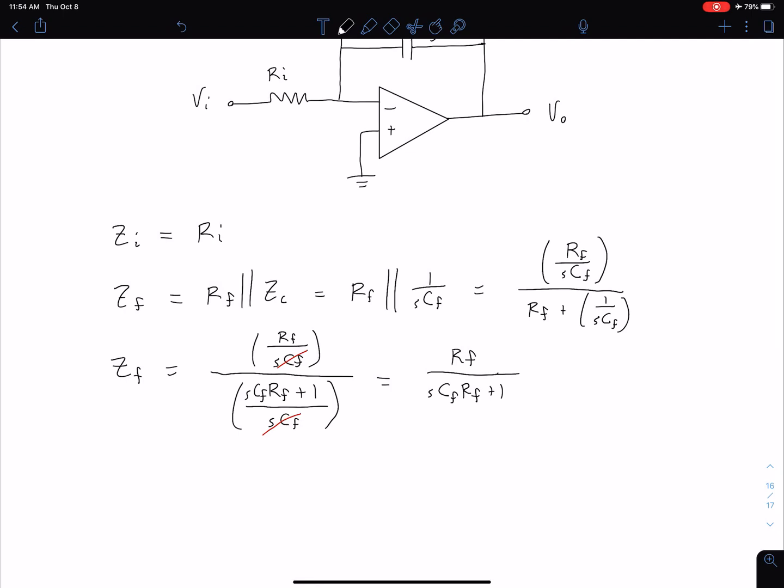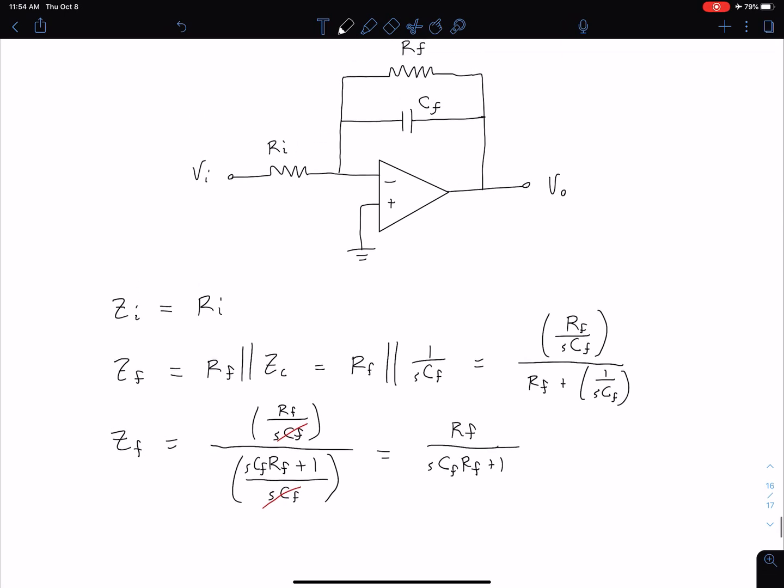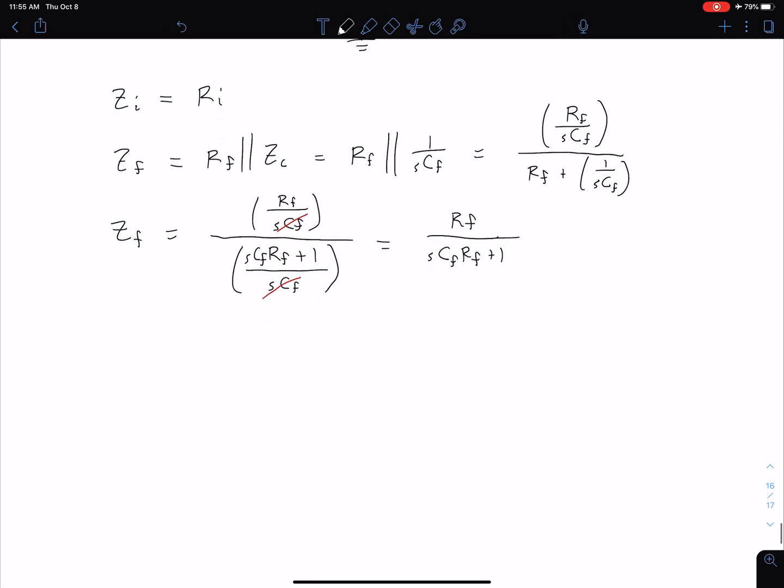Okay, so we've already considered the generalized form, and we said we know the gain is just going to be our feedback impedance divided by our input impedance. So H of j omega is equal to negative Zf divided by Zi, because this is an inverting configuration. We've already analyzed that when we talked about op amps, but we could do a similar analysis again.